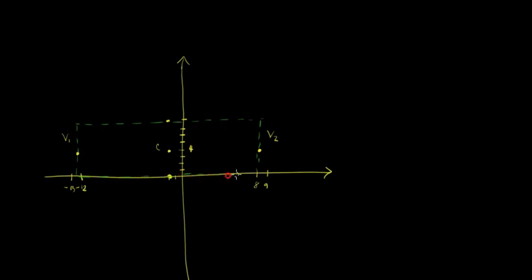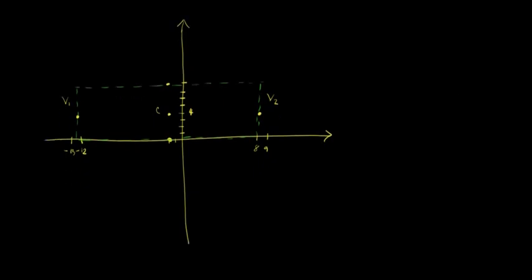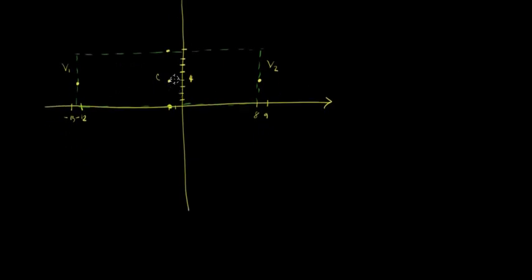And then from this, sa corners ng auxiliary box natin, we can draw the asymptotes. So let's draw the asymptotes. Should pass through the center corner, pass through the center.